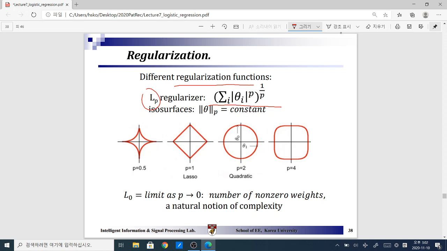For example, the isosurface for LP regularization, that is, where the theta for the P regularization becomes a constant, looks like this for P equal to 0.5. This is when P is equal to 1, which is also called lasso. And for P equal to 2, you have a quadratic function that looks like this, and this is when you have P equal to 4.